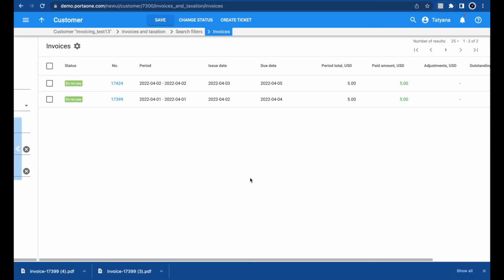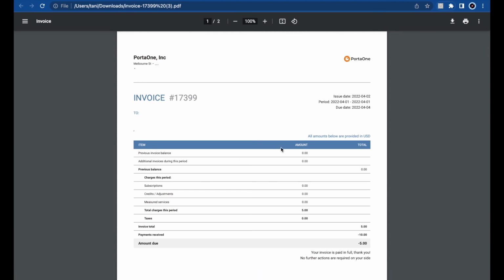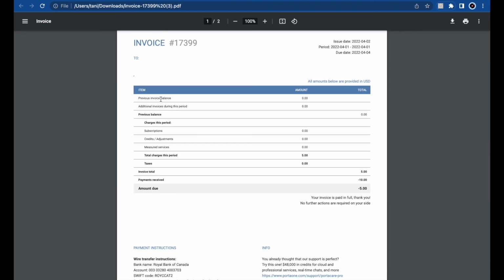Let's look at these invoices on our web interface. Both of them were generated with the do not pay status. Okay, let's open them one by one. Okay, this is our first one that covers the first billing period, April 1st. There is no previous balance. This is our first invoice.